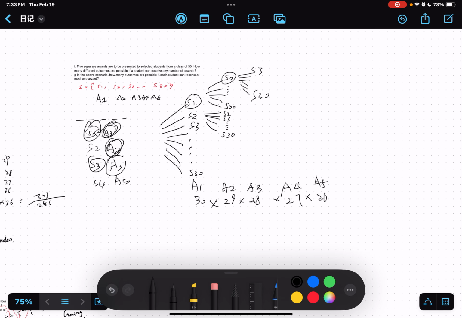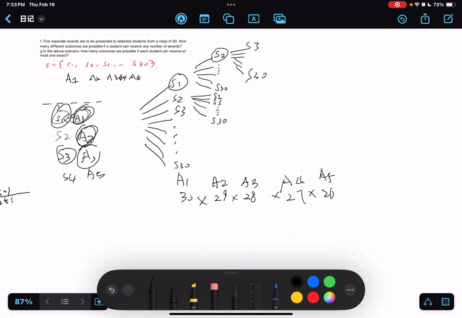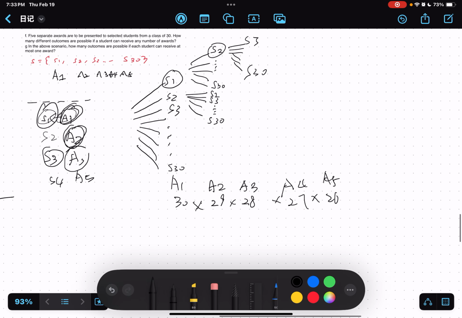So in the permutation, it means that we have different separate awards, and this is different from combination, because when we choose combinations, we need to remove the repeated ones, but the awards are separate.